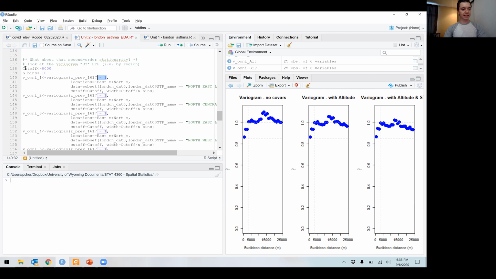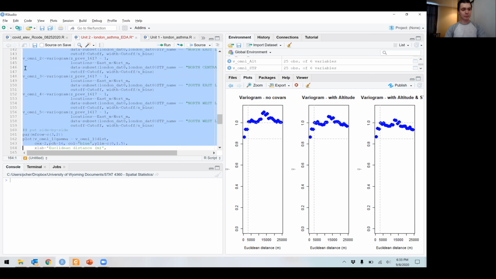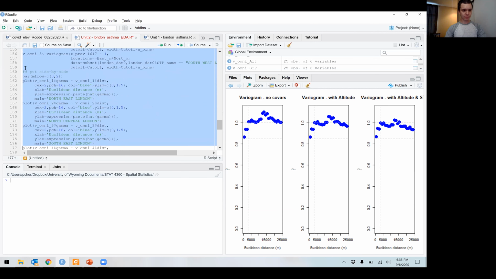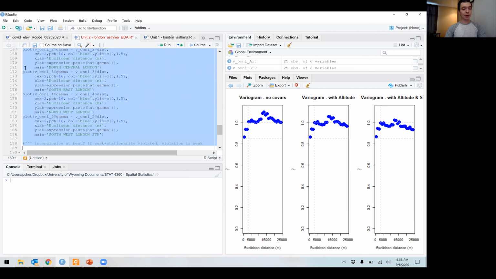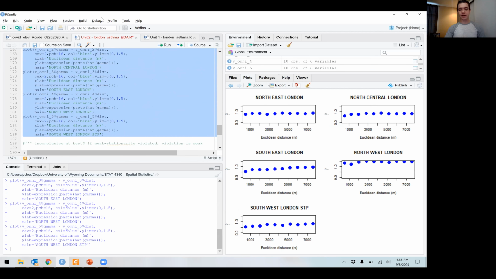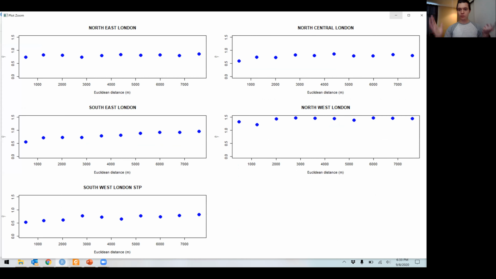All right, perform my estimation. These things run very quickly. And then plot side by side. And now, well, we get to look at and compare 5 different variograms. So first of all, I just made this figure large.